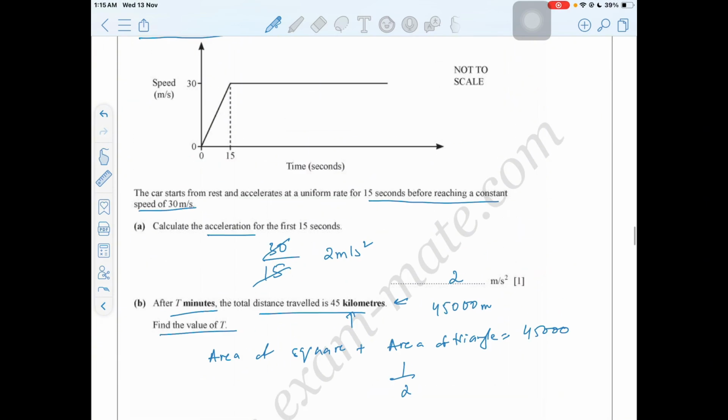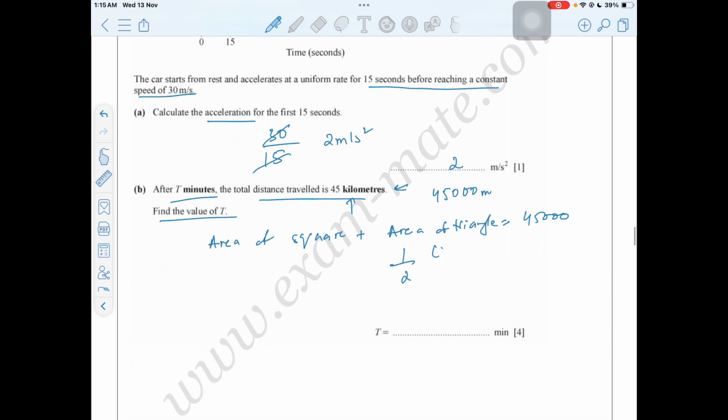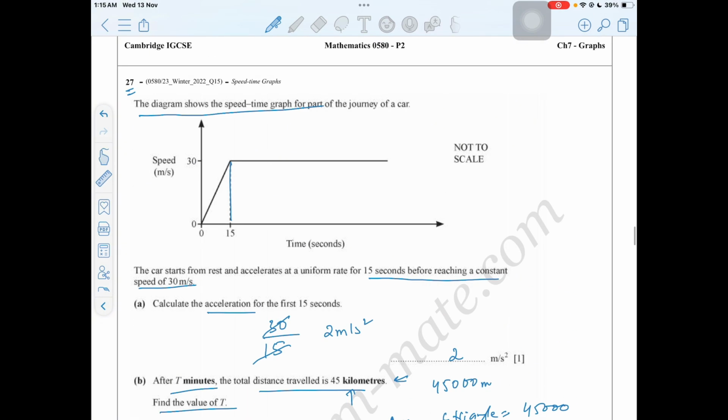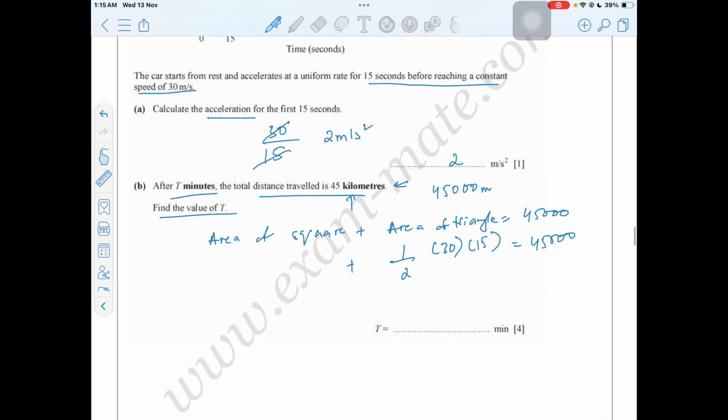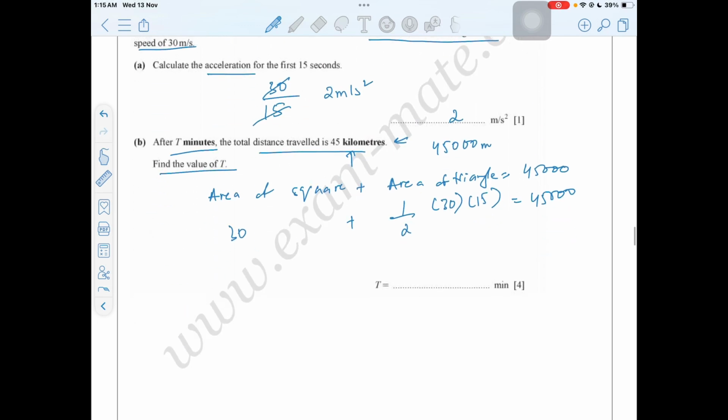Our area of the triangle would be 1 over 2. We have our height as 30 and our base as 15. The total is 45,000. And our area of the rectangle would vary, but the length is 30, so we need to calculate the breadth. This would be cancelled out, so this would be 15.